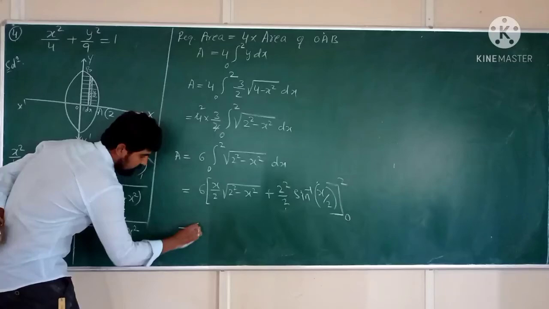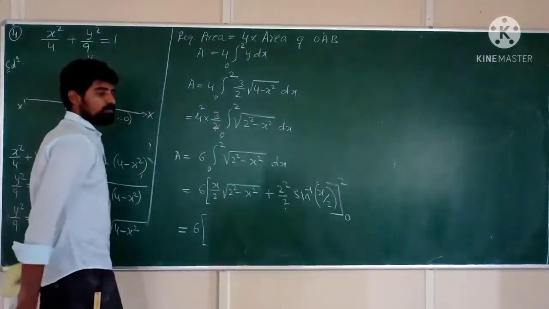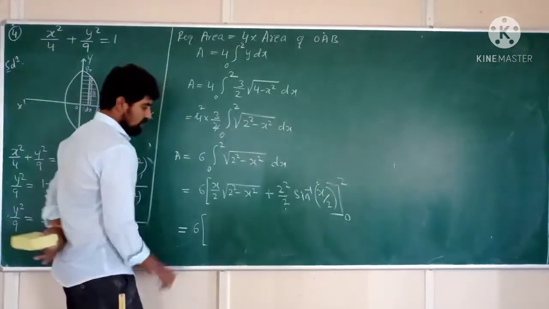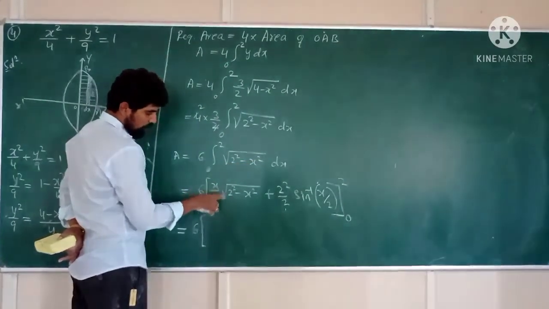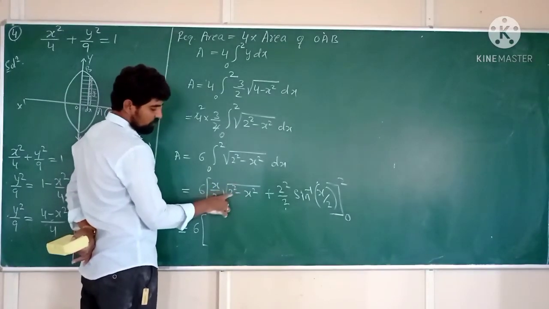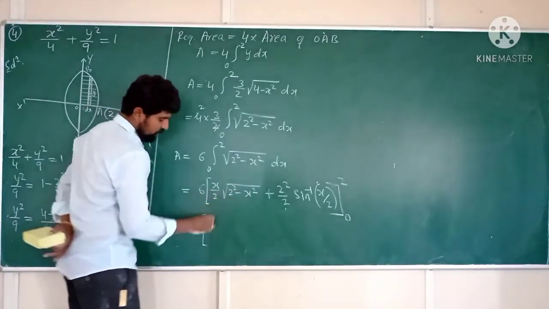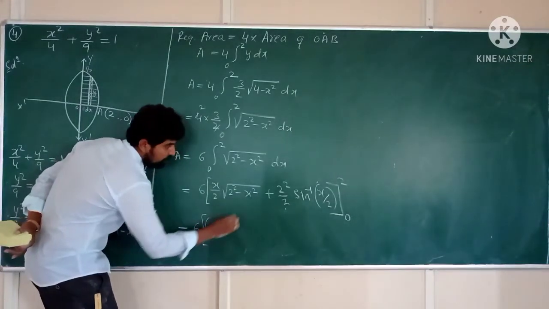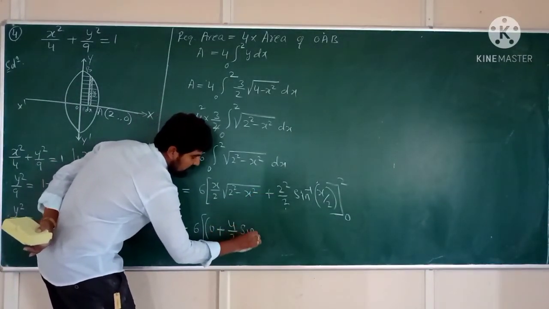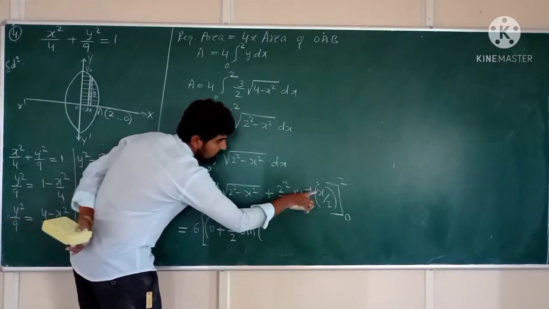So area is equal to 6 times, we need to apply the upper limit minus the lower limit, where the upper limit is 2 and the lower limit is 0. So for the upper limit, 2 by 2 into the square root of 2 square minus 2 square. The value of the square root of 2 square minus 2 square is 0. 0 into anything is 0. Plus 2 square is 4 divided by 2 into sin inverse of 2 by 2.